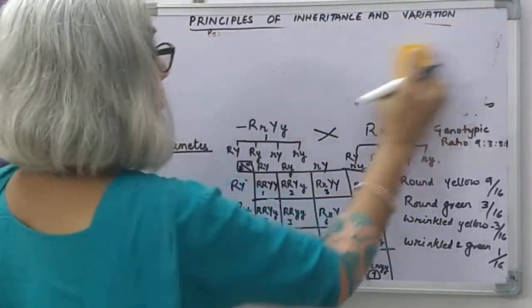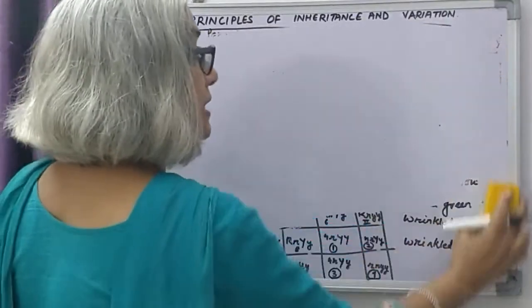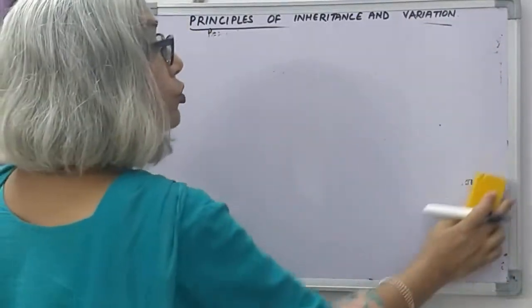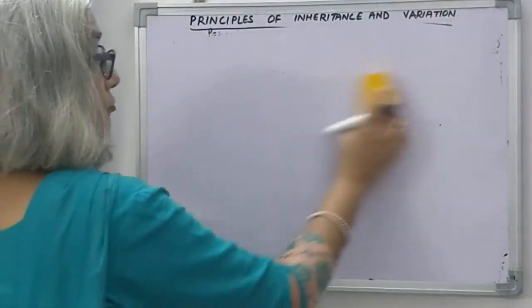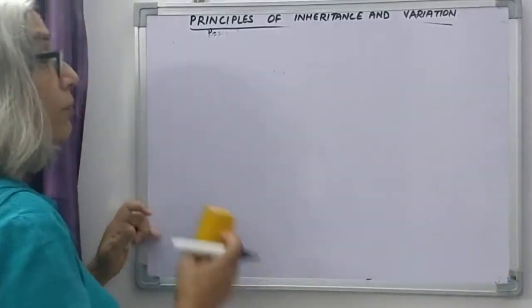So the dihybrid cross explains inheritance of 2 genes for the third law of Mendel.